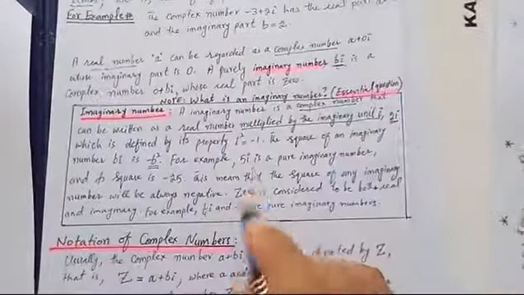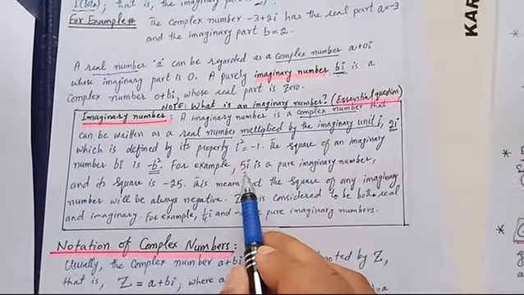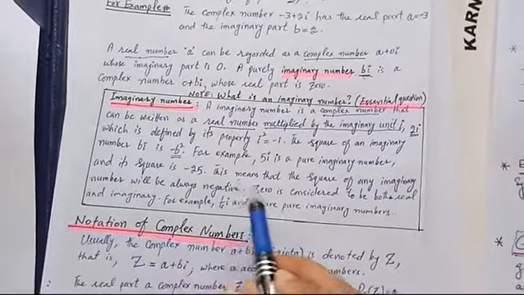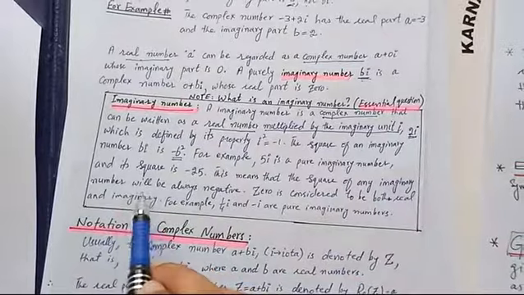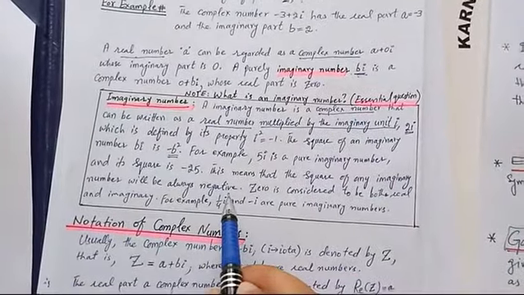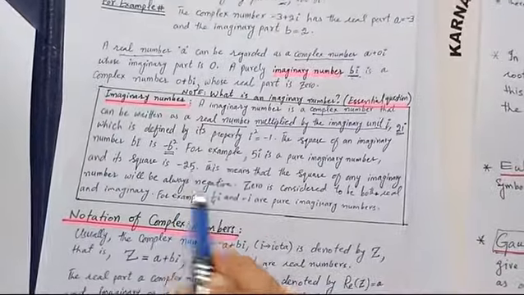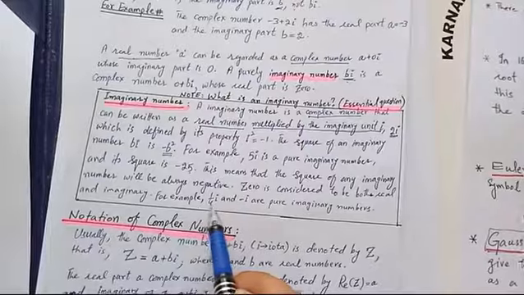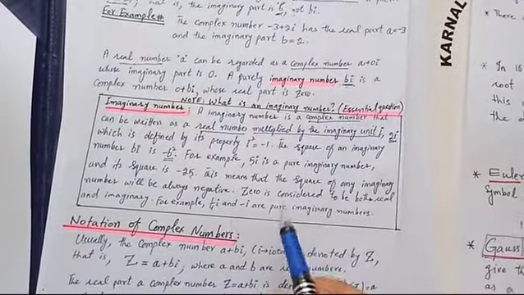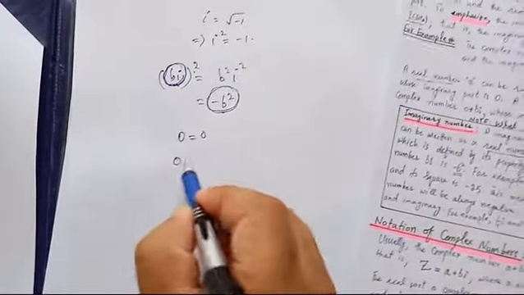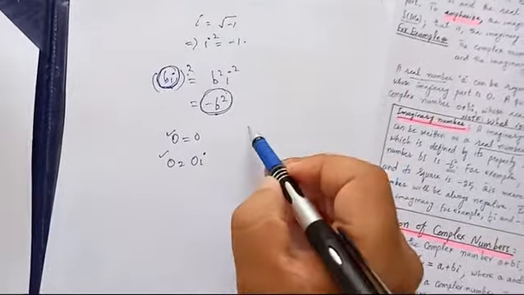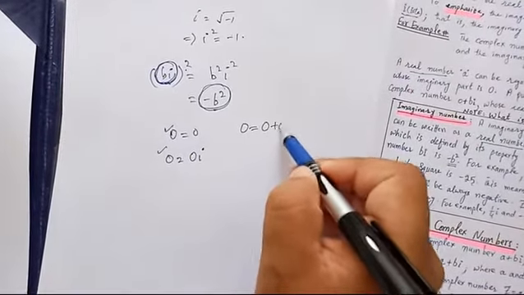For example, minus 5 iota is a pure imaginary number and its square is minus 25. This means that the square of any imaginary number will always be negative and real. 0 is considered to be both real and imaginary. 0 is always considered real as well as imaginary, because 0 can be written as 0 iota, and this 0 is also a complex number, since 0 is equal to 0 plus 0 iota.